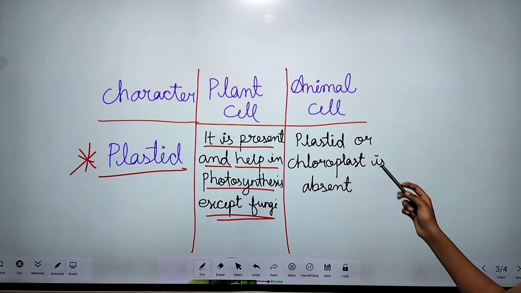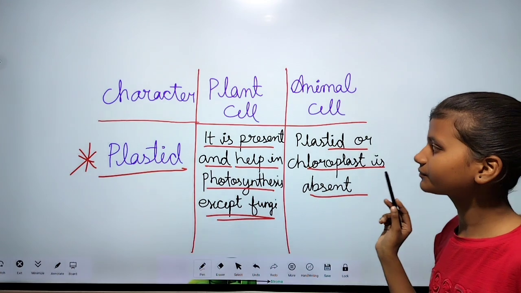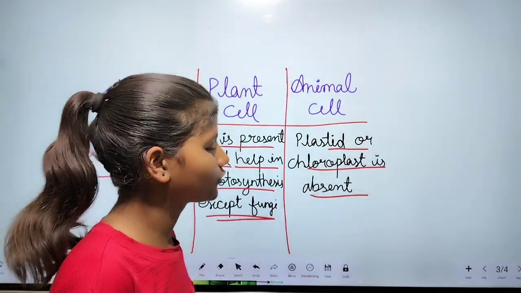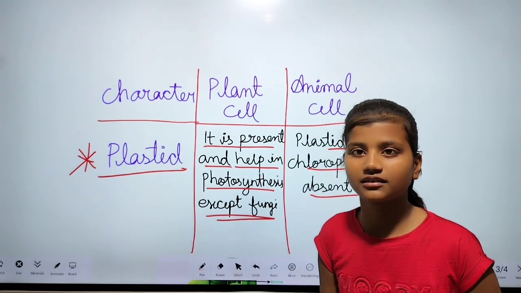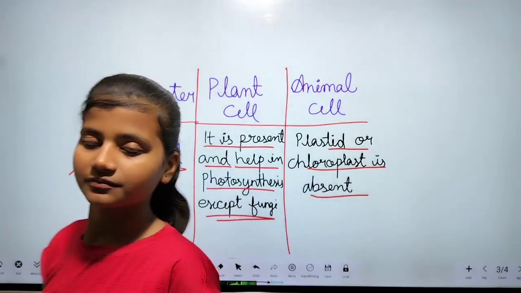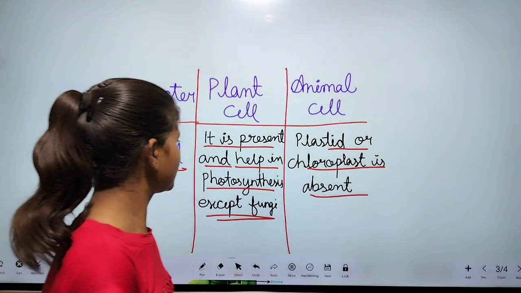But in animal cell, plastid or chloroplast is absent. Why is chloroplast absent in animal cell? Because in animal cell photosynthesis doesn't occur, but a plant cell has chloroplast to do photosynthesis.